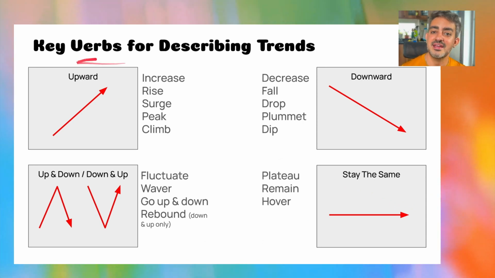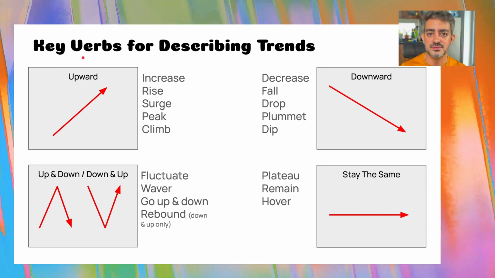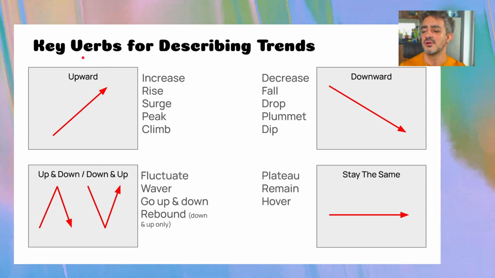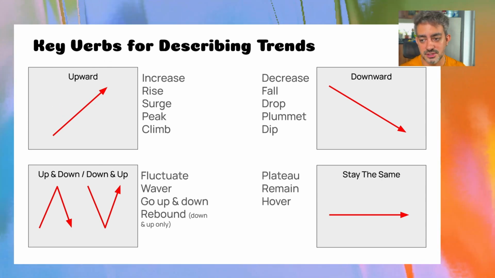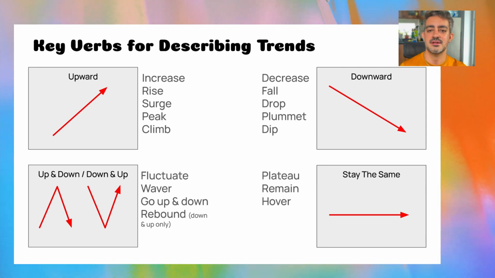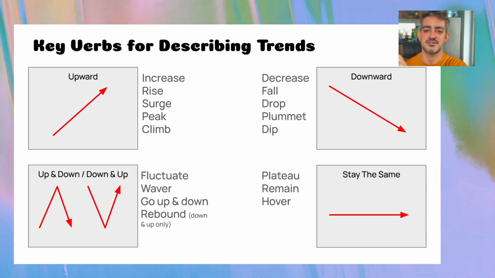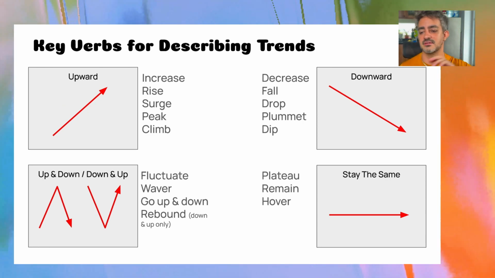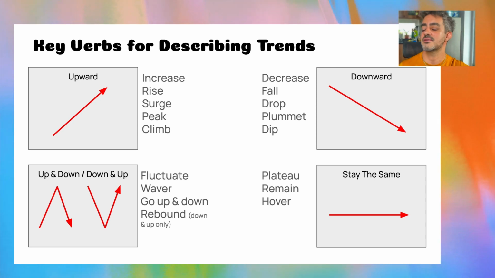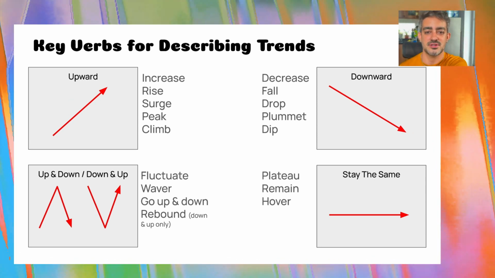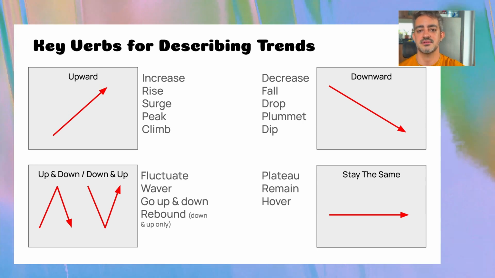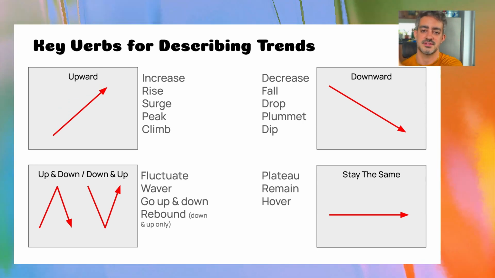If you're doing this writing task, you might find yourself repeating the same structures. You know, sales increased by 10%. Sales then decreased to 5%. Sales then fluctuated to... okay, we're repeating the same structure there. We're saying sales plus verb plus number.